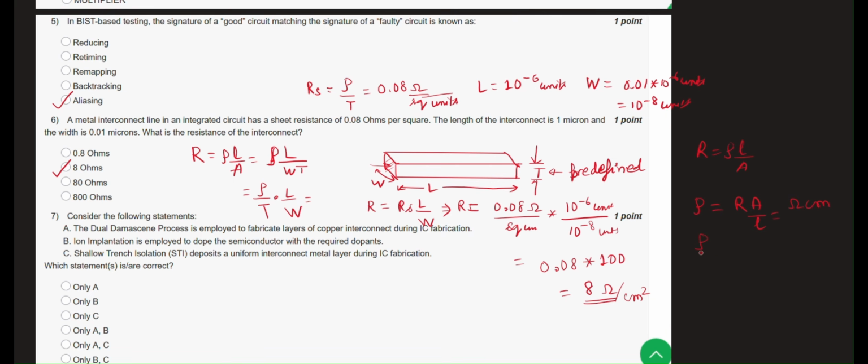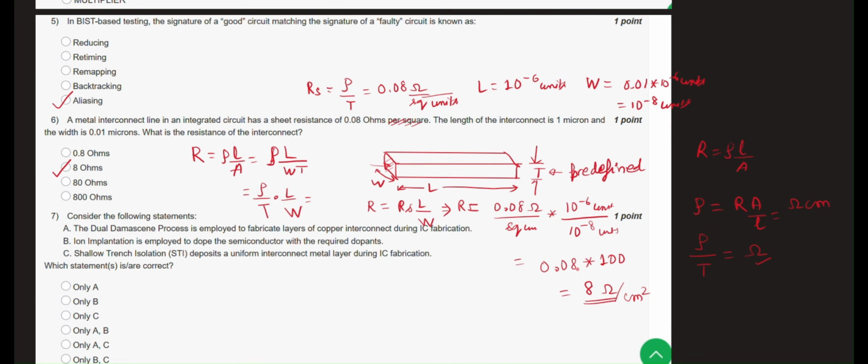And when you divide resistivity by the thickness of the interconnect, the thickness has a unit of centimeter, so this rho upon t will give you a unit of ohm itself. So I think it is a mistake here. The value of the sheet resistance will be 0.08 ohms itself. The unit should not be per square.